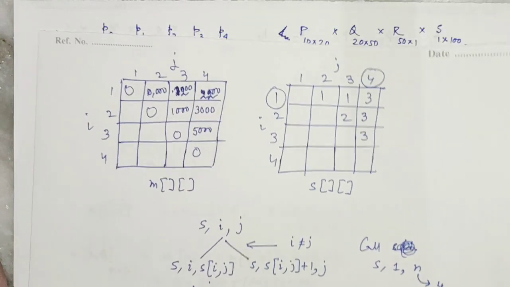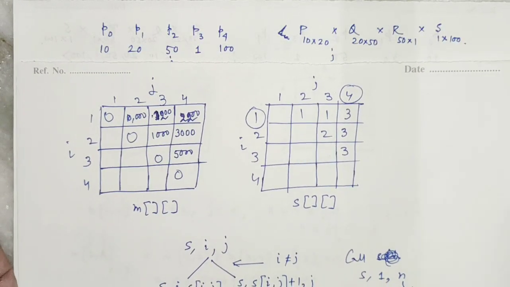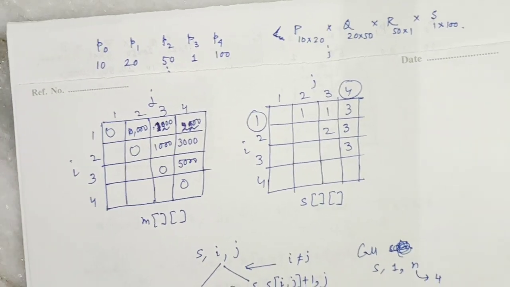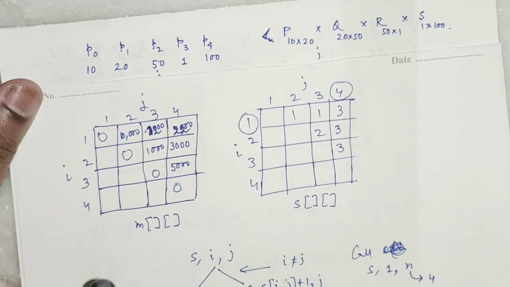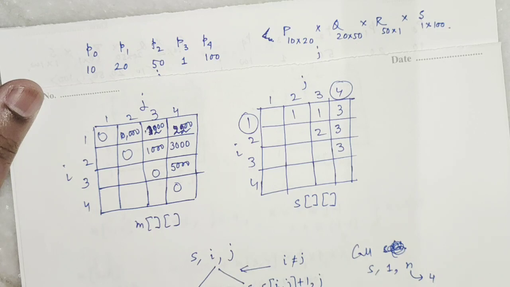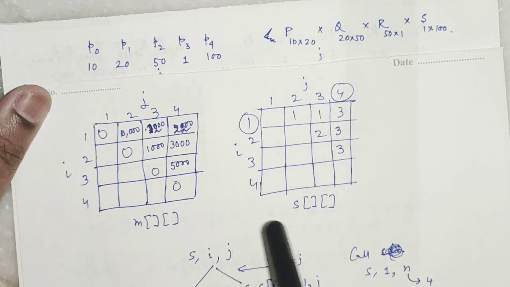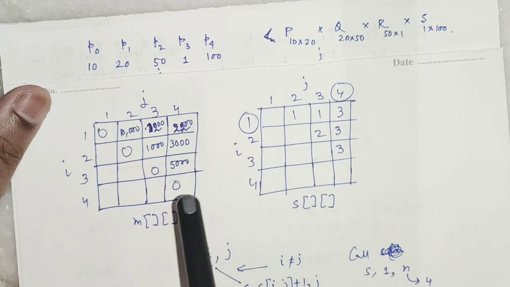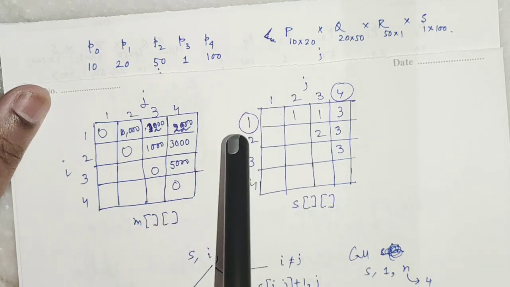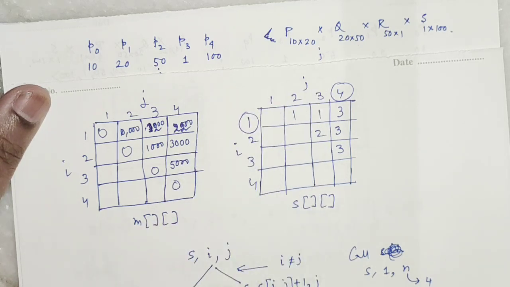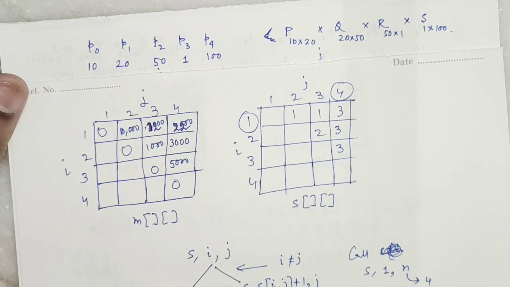Now, considering this one, again we have to calculate the exact parenthesis sequence for it. So we have to construct a table here, and I told in my last lecture that you have to use the S table for parenthesization. In the S table, identify the row index and column index where you have stored the last k value.